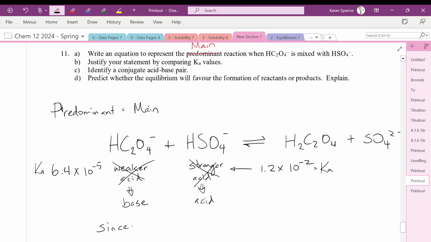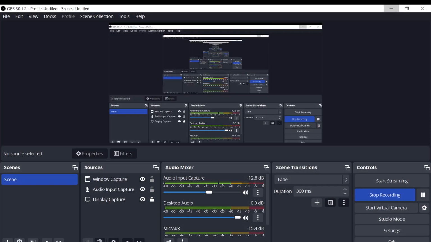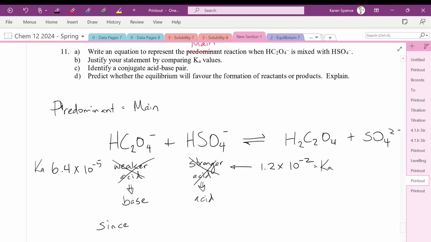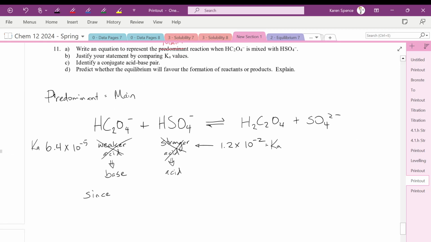Now practice writing a sentence here, because one of the things that most Chem 12 students struggle with is writing a coherent sentence. So try writing it now, and then you'll compare your answer with mine. You can start with since, or you can start some other way.